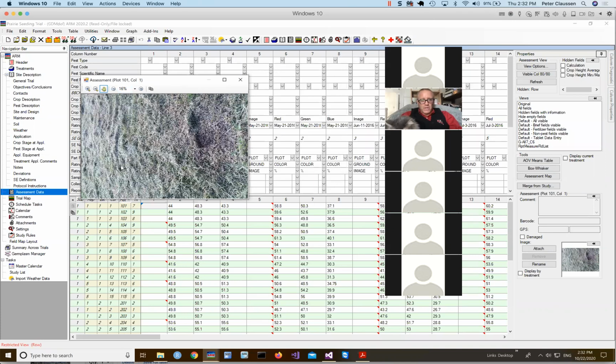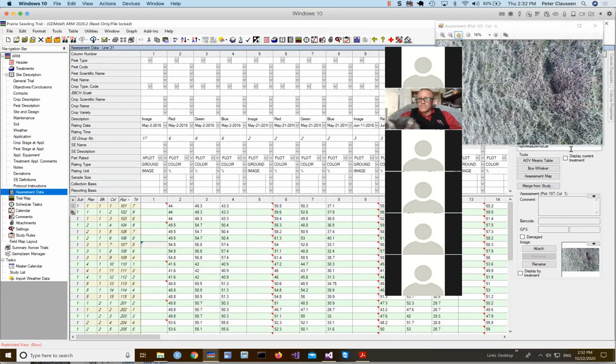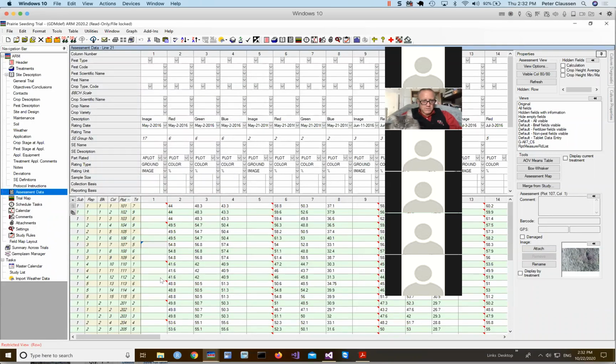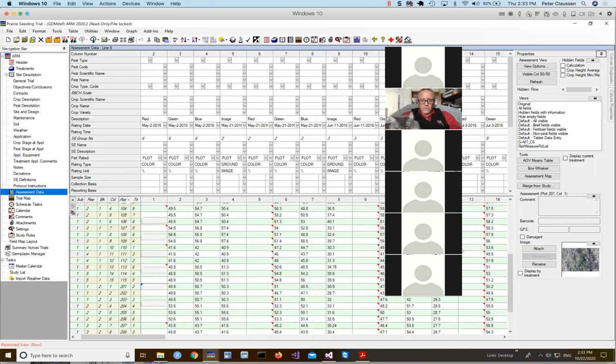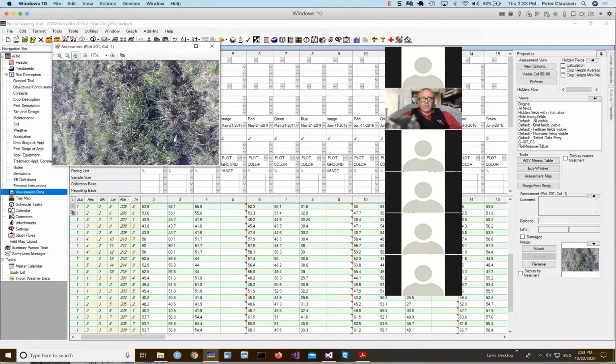That's what the whole plot looked like after the burn. That wasn't a very good burn. Let's see if I can find a good looking one. Oh, there's one. So that's what the burn looked like for that whole plot.